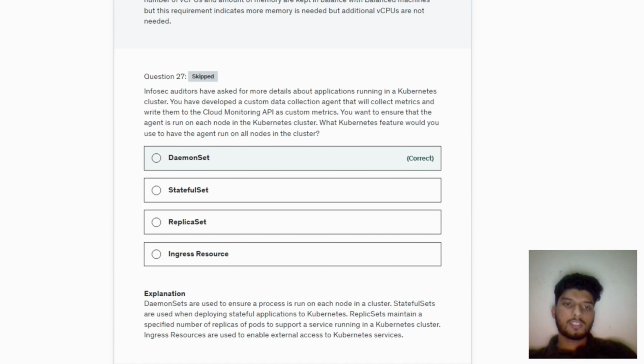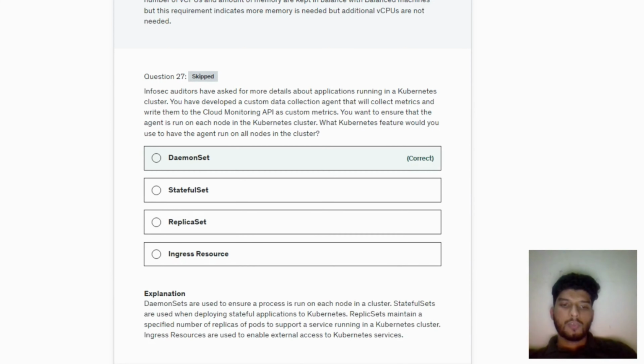StatefulSets are used when deploying a stateful application to Kubernetes. ReplicaSets maintain a specific number of replicas of the pods to support a service running in a Kubernetes cluster. Ingress resources are used to enable external access to the Kubernetes services.